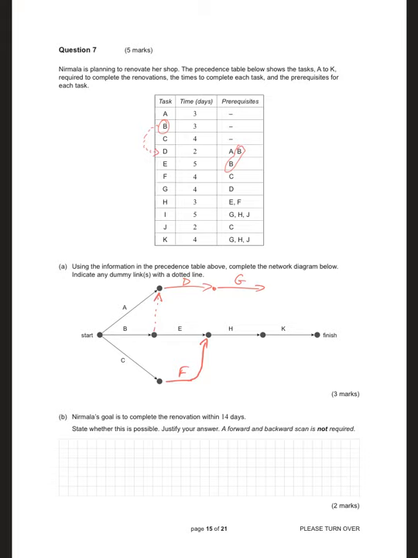I comes out of G, H and J. That's weird because I haven't drawn a J yet.